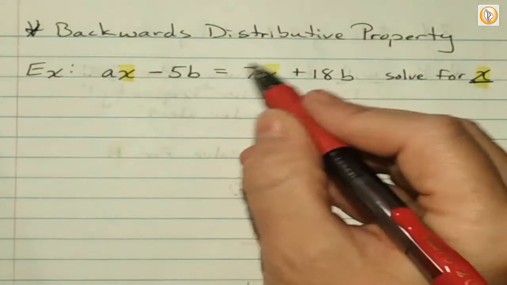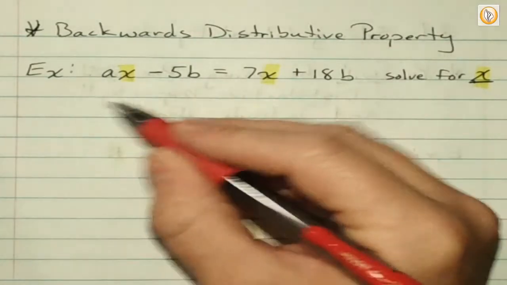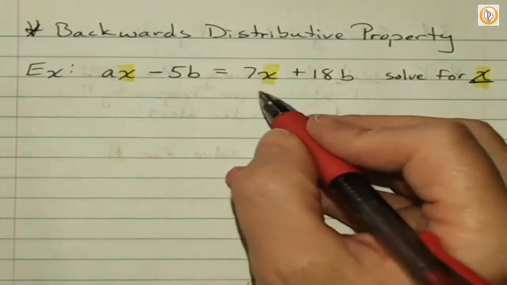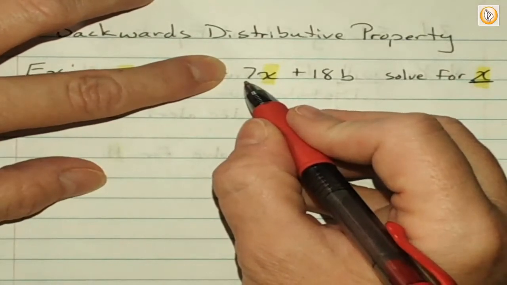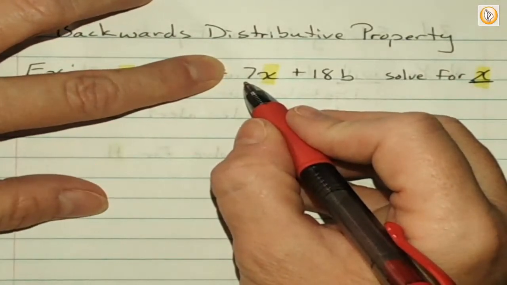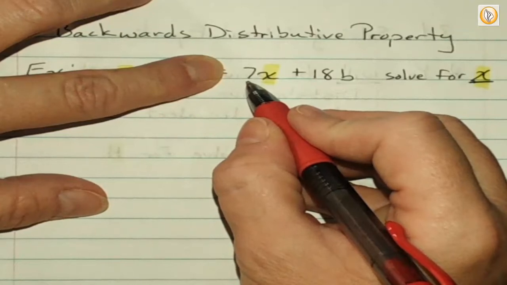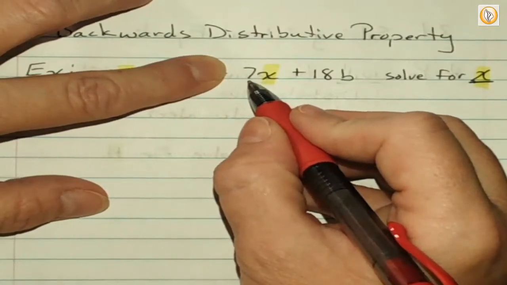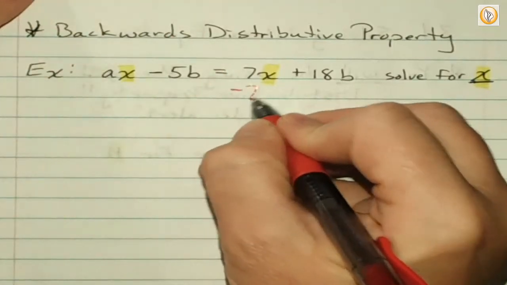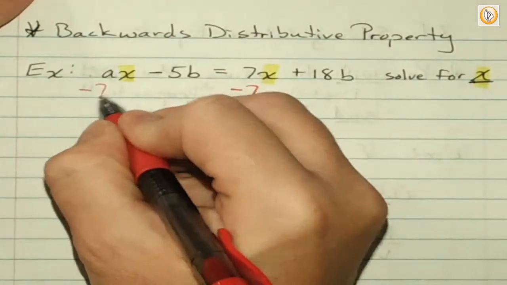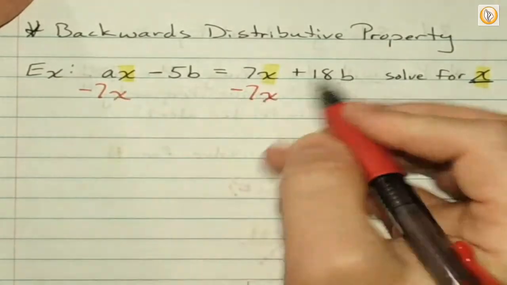Yeah, so let's move this whole term over here so we can get the X's together. If there's no sign, it's positive, right? So then the opposite is subtracting on both sides.